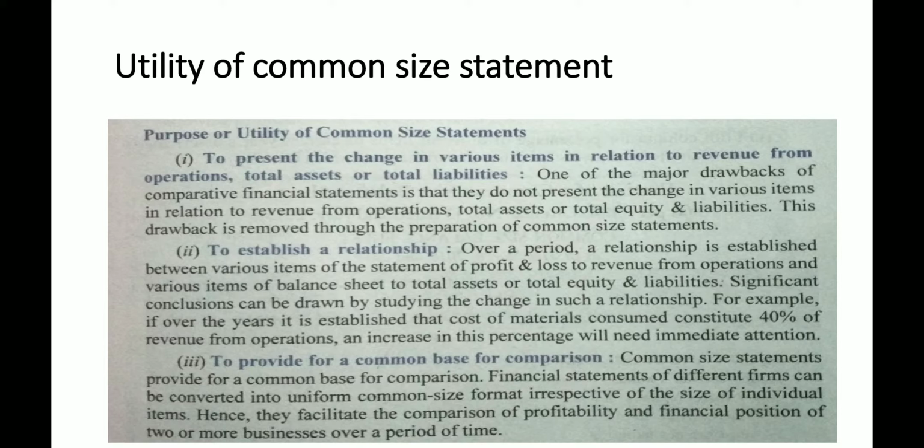To establish a relationship, the common size statement is used for showing the percentage change in items of income statement or balance sheet in relation to total asset or total equity or liability or revenue from operation.